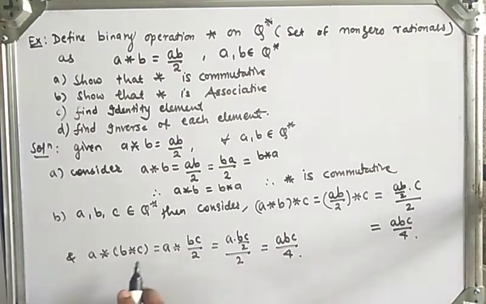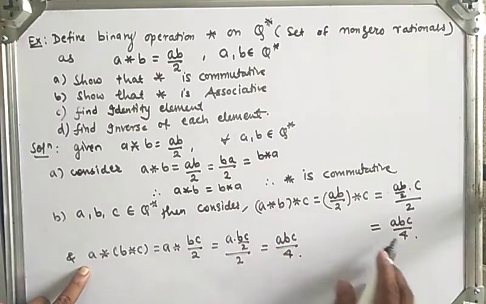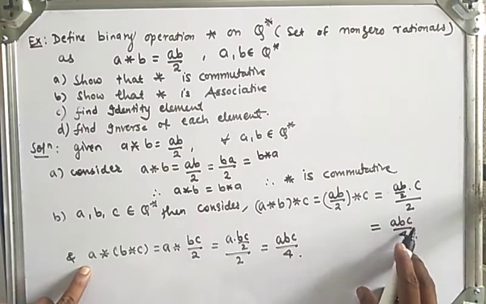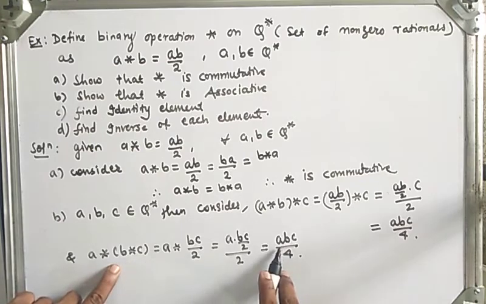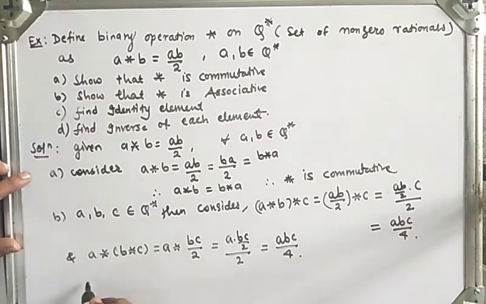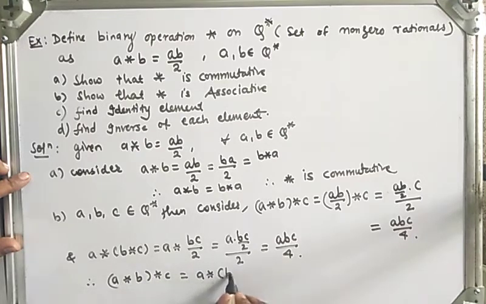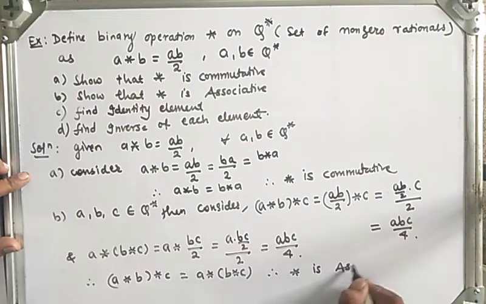So the LHS has value a into b into c by 4, and the RHS a star bracket b star c also has value a into b into c upon 4. Both are equal, which means star is associative.